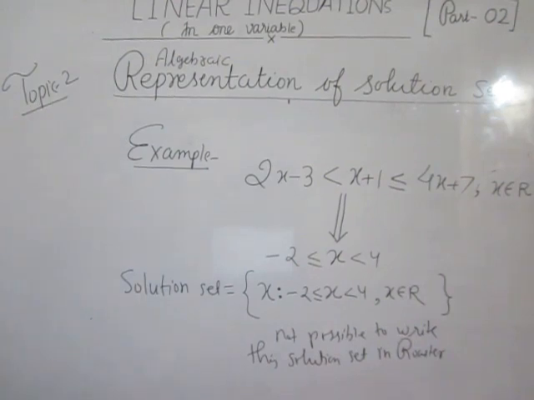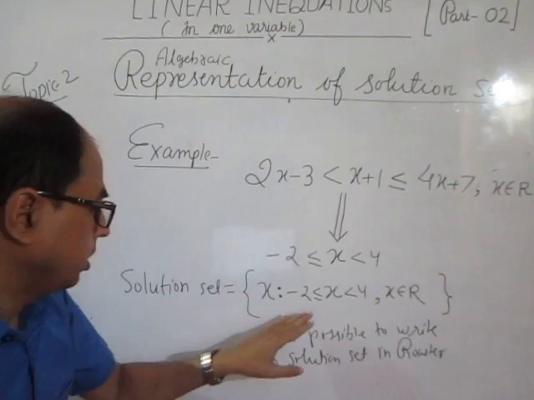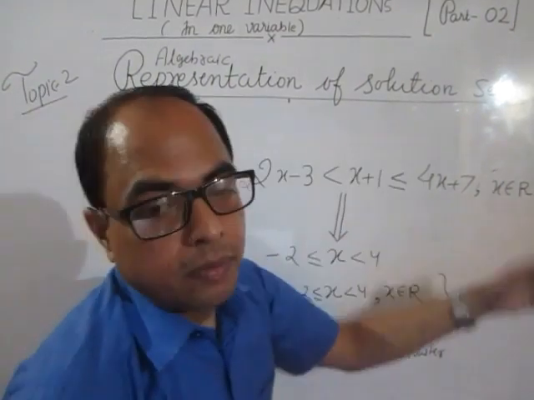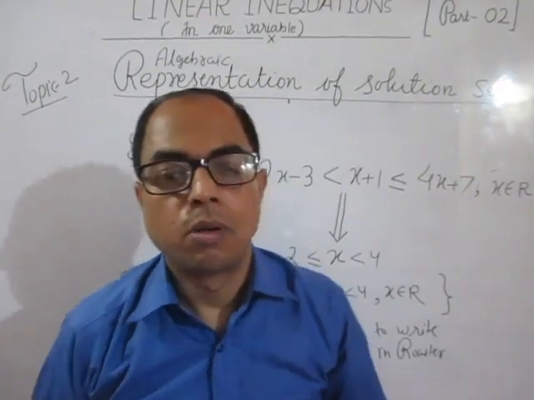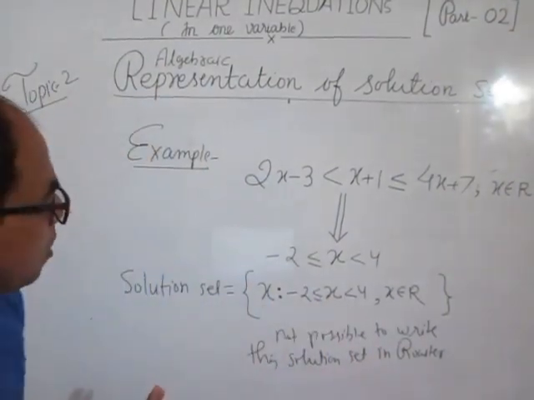So I think you have got it: if the set of real numbers is given to you, then you have only one option, set builder form, and if the replacement set is given as the set of integers, natural numbers or whole numbers, then you have two options.